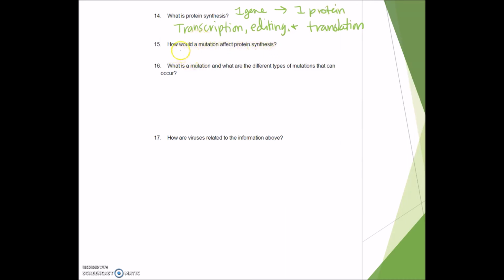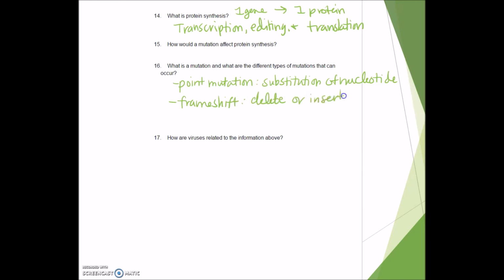Well, if we have our different types of mutations, maybe we answer this one first. So we have our point mutation, which is a substitution of a nucleotide. And we have a frame shift mutation that is either going to delete or insert a nucleotide.